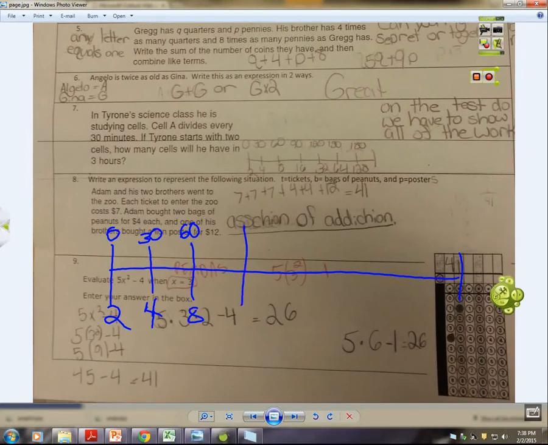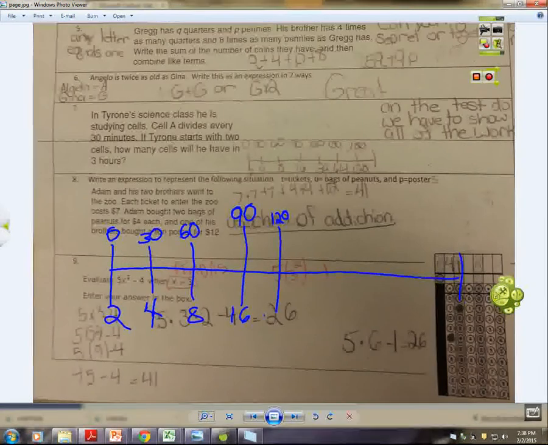And then at 90 minutes, he gets 16. And then in another 30 minutes, which is 120, he gets 32.